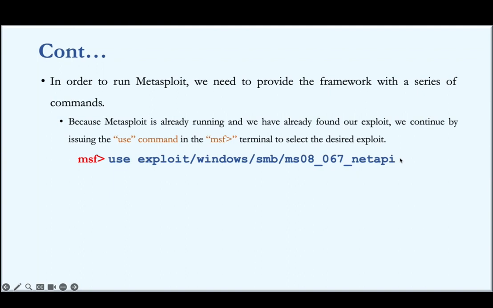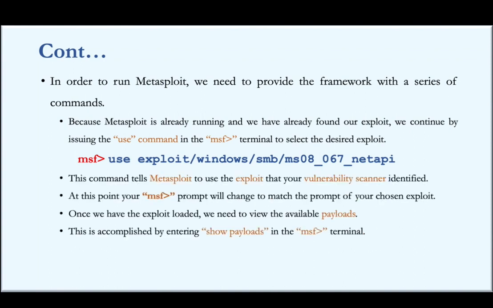Once we have the exploit loaded, we need to view the available payloads. First, we need to identify the exploit, then we need to identify the payload. By issuing the command show payloads, it shows all the payloads that can be executed along with this exploit.